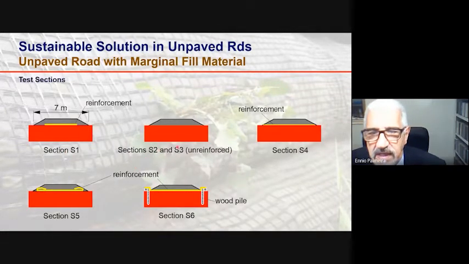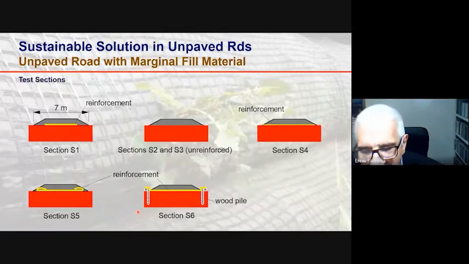Sections S2 and S3 were the reference sections which were unreinforced. In section S4, the reinforcement was placed at the base of the fill. In section S5, the extremities of the reinforcement were folded to try to increase even further the anchorage of the reinforcement.